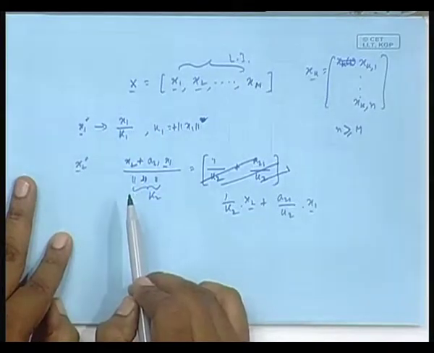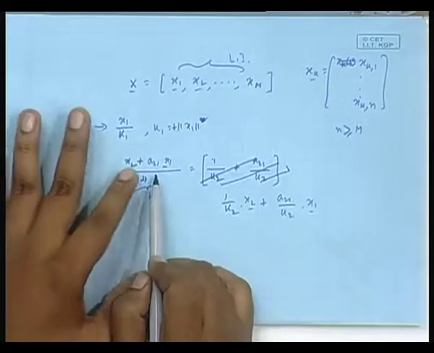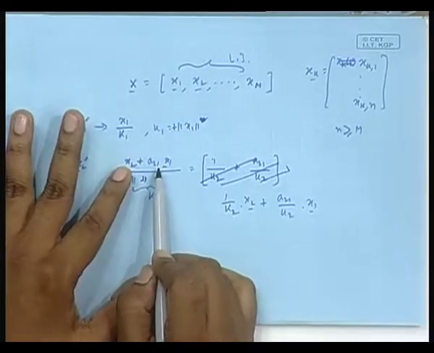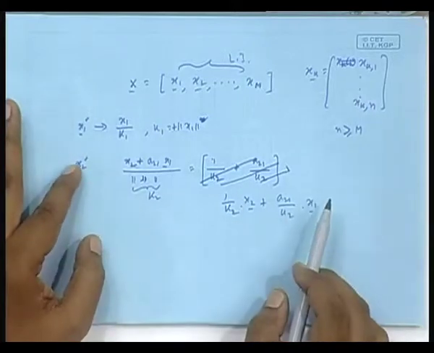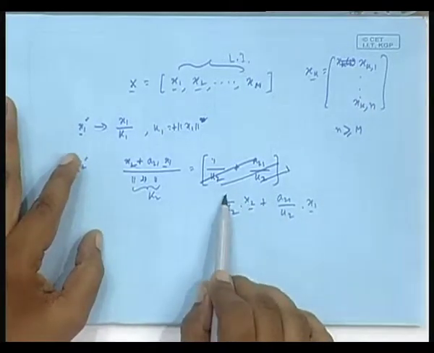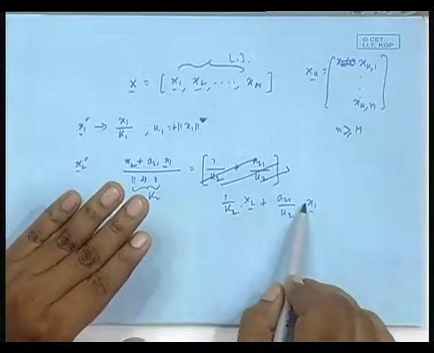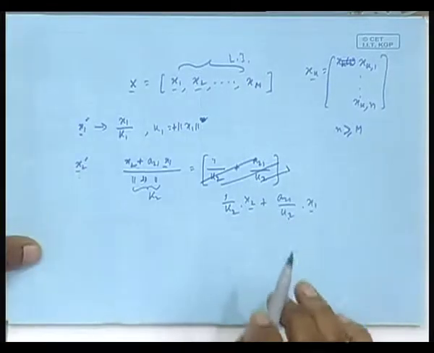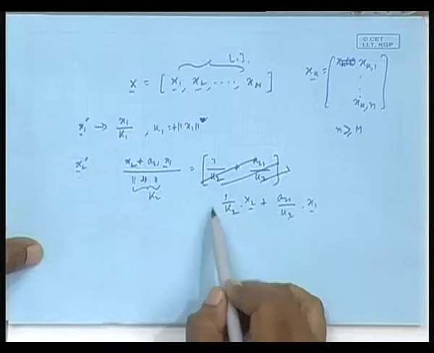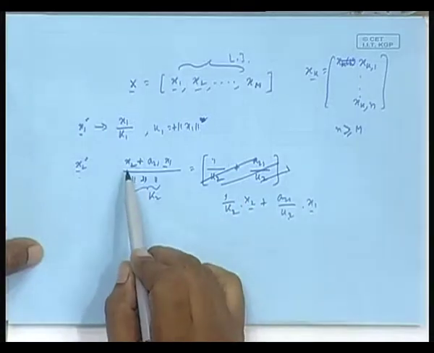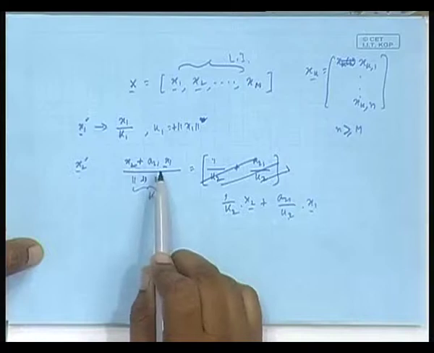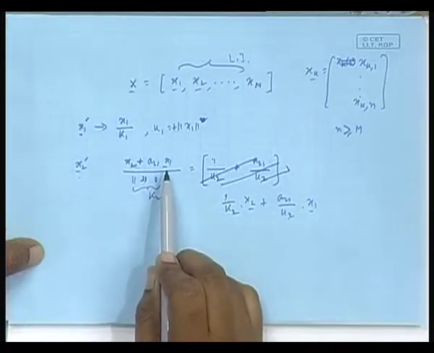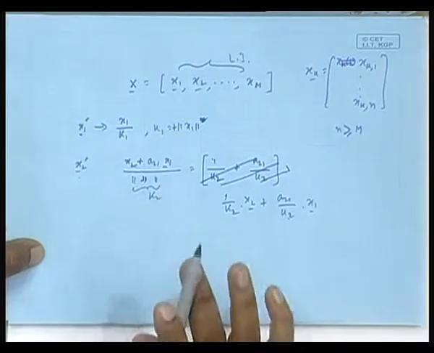I had x 2, from that how do I get this? x 2 and x 1 are linearly combined, and that is how I get it. But what is the form of the linear combination? x 2 gets 1 by a constant, this one gets something by the same constant. Now, remember this cannot be 0 because x 2 is not lying in the space spanned by x 1.